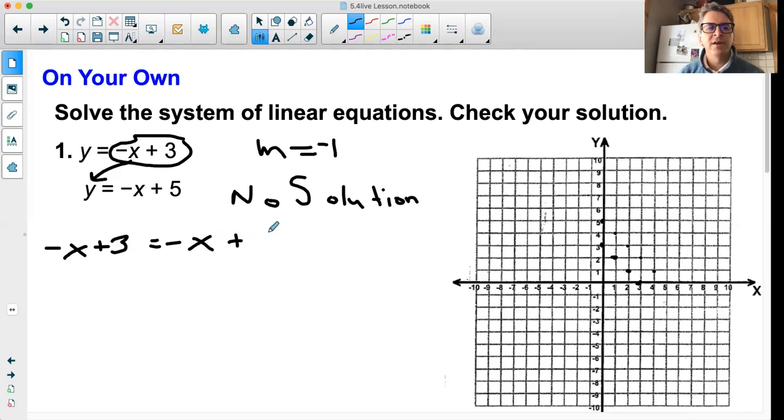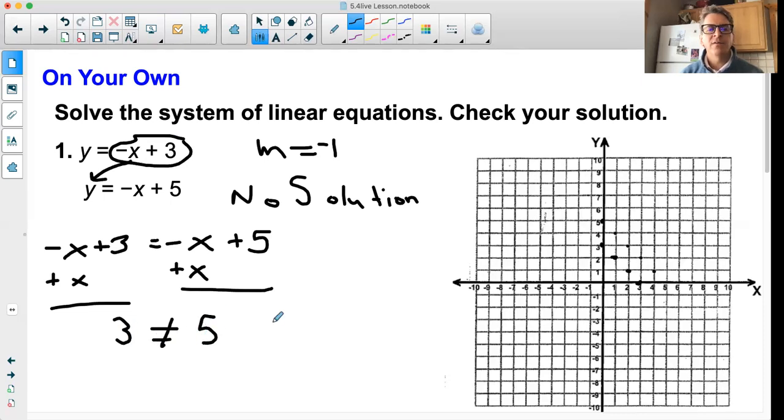Well, you can already see by just the way it looks here that if you add an x to this side and add an x to this side, you'd have 3 is equal to 5. And 3 is not equal to 5. And so that would tell you it's going to be no solution. So either by graphing and physically seeing that it's parallel lines, or by using substitution would be kind of your go-to.